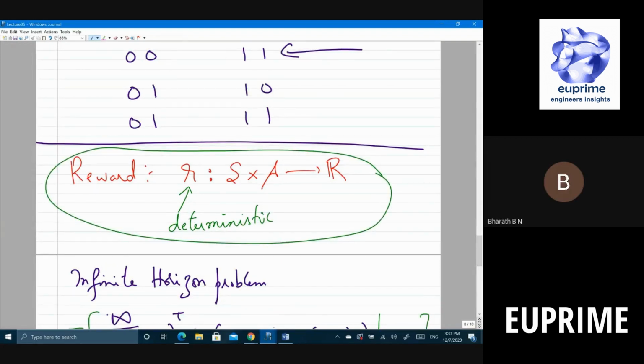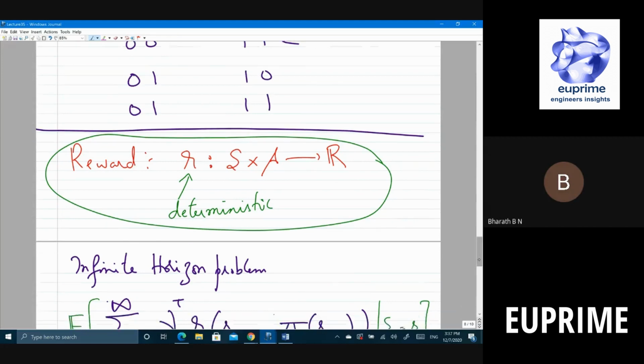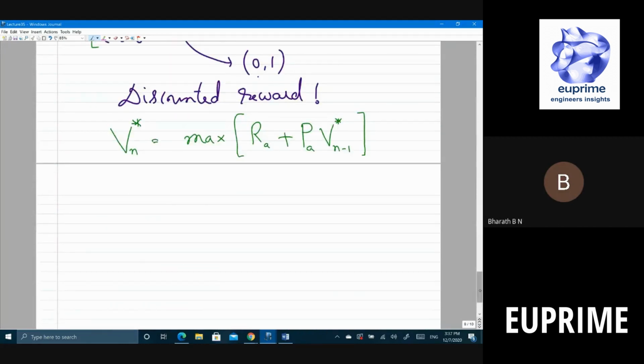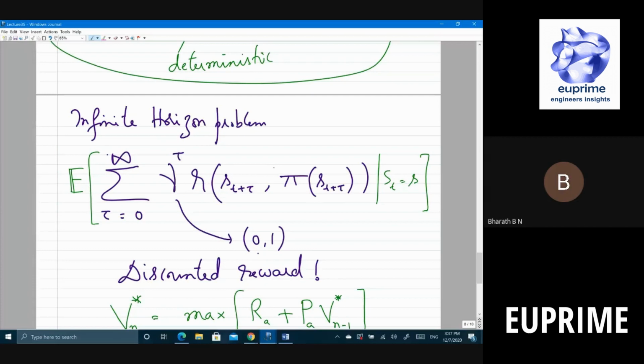In general, the rewards can be random. For example, take advertisement posting. You have a web page or your Facebook page, and I want to put an advertisement on it. Putting an advertisement is an action that I take. You are in some state, meaning you would have clicked on a few advertisements before.